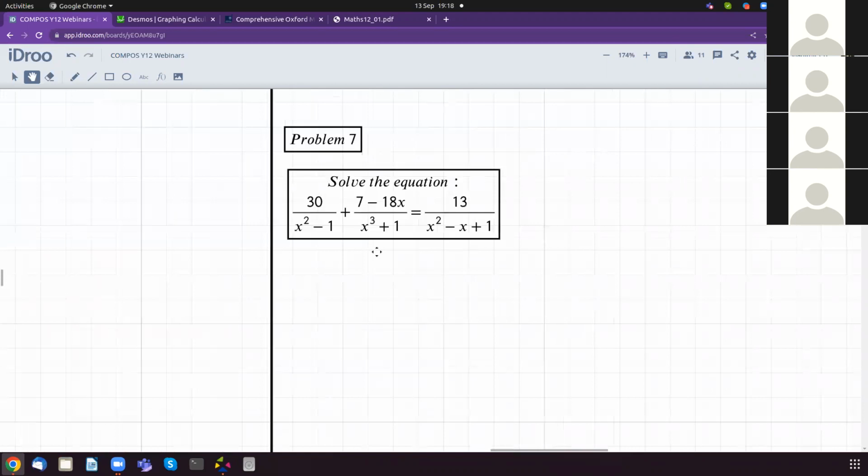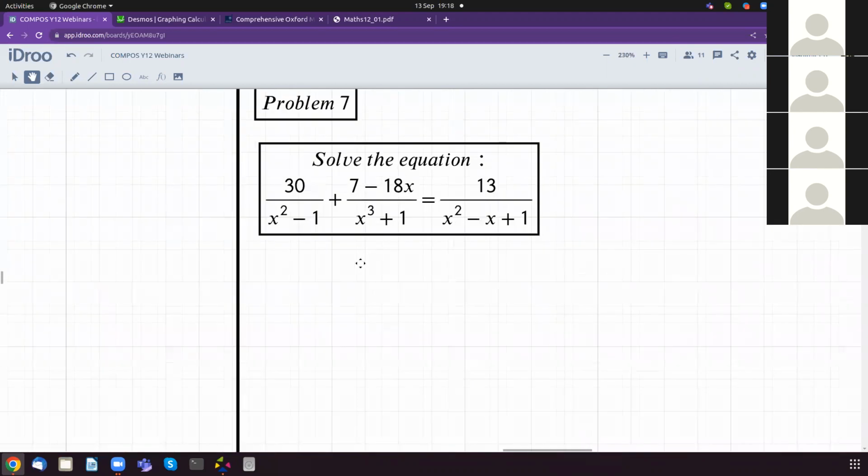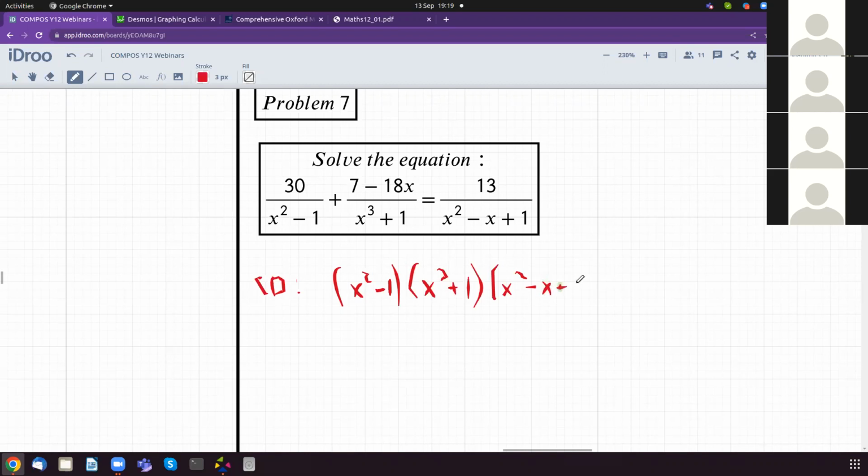So solve the equation. This is a rational equation, and in rational equations you always need to find the common denominator. It looks as if the common denominator is the product of all three: x squared minus 1 multiplied by x cubed plus 1 multiplied by x squared minus x plus 1.